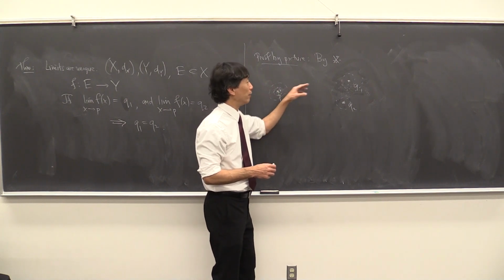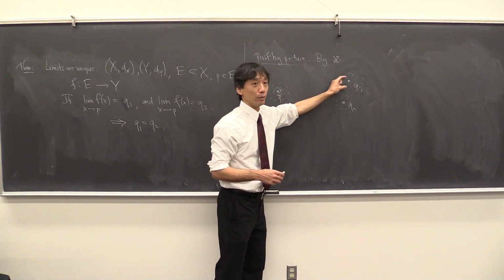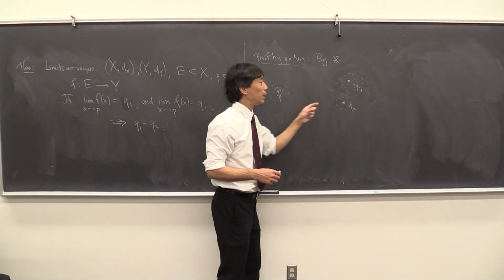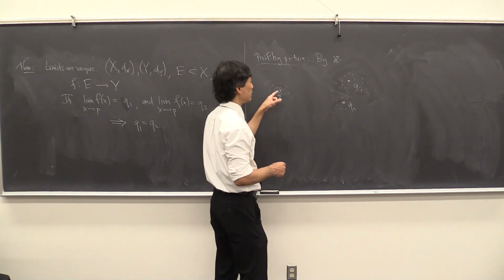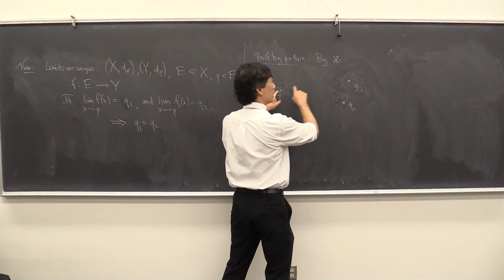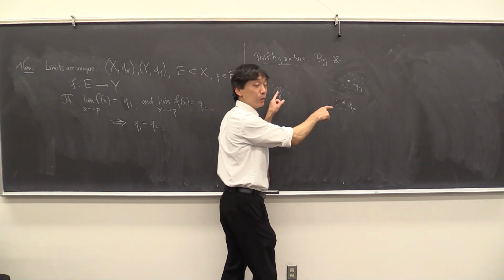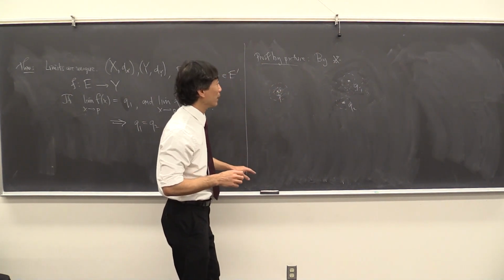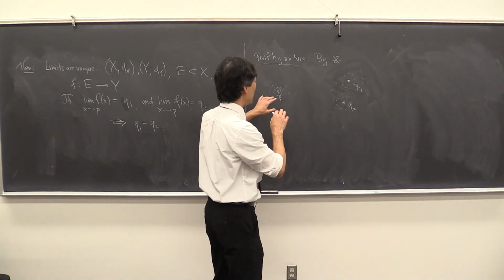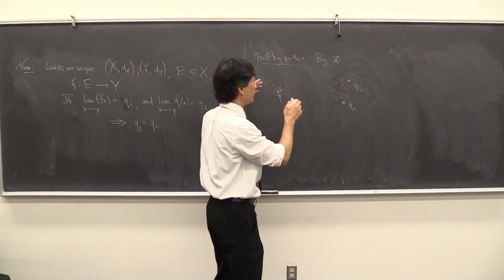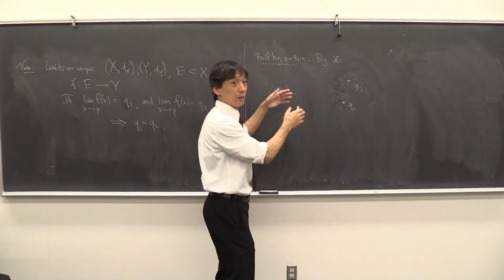This business of you can make it as close to Q1 as you desire, and you can make it as close to Q2 as you desire. It's not a matter of P gets mapped to Q1 and P gets mapped to Q2, so they must be equal. It's not that at all. You really have to use this notion of closeness.